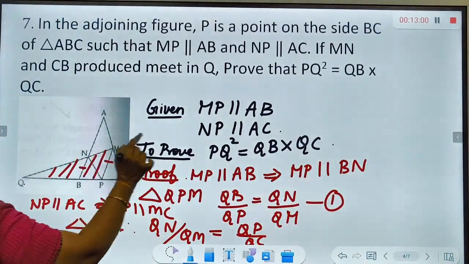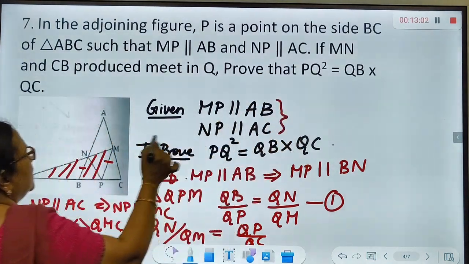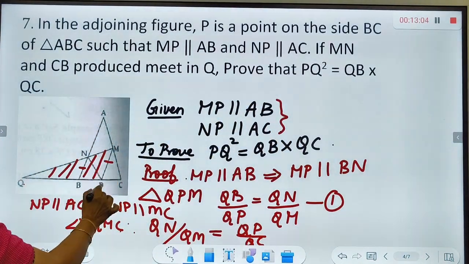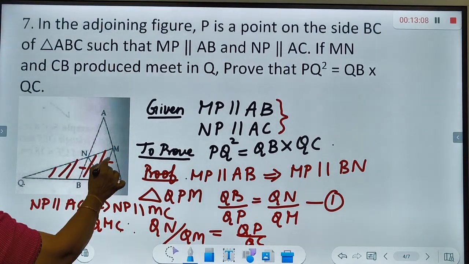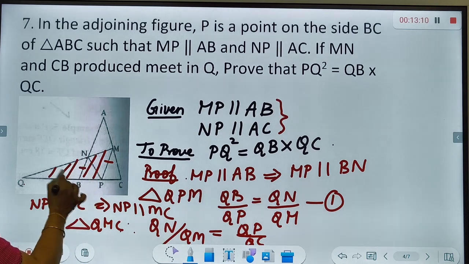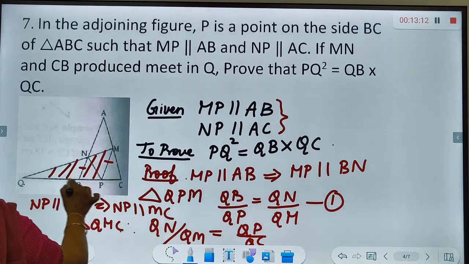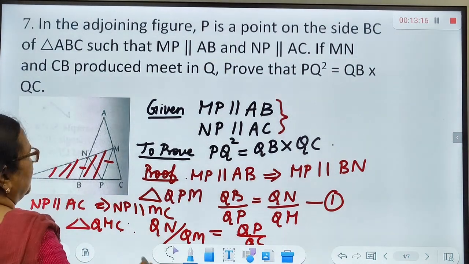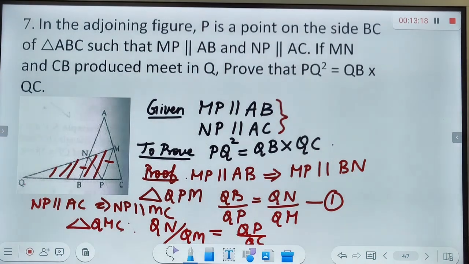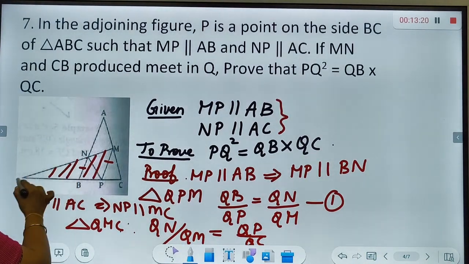Because there are two statements given to us, right? MP is parallel to AB, which implies MP is parallel to NB. So, I am looking at the big triangle QMP or QPM and I am applying BPT. What will I get?